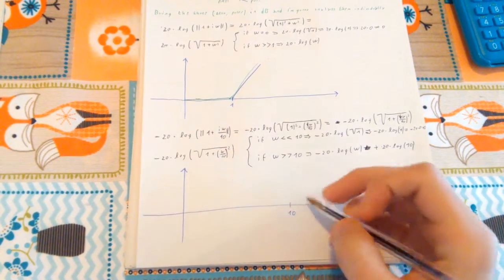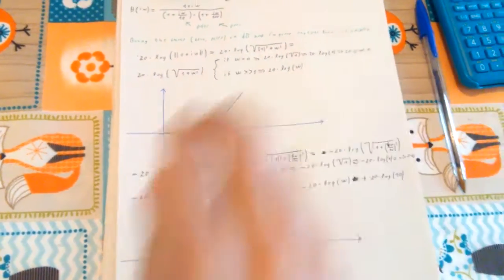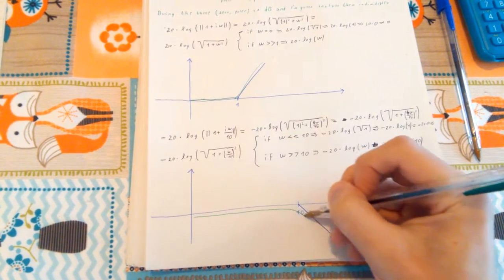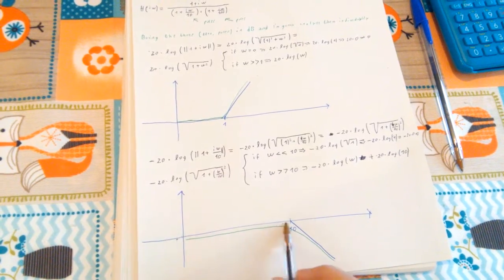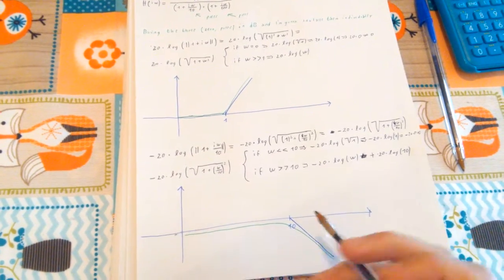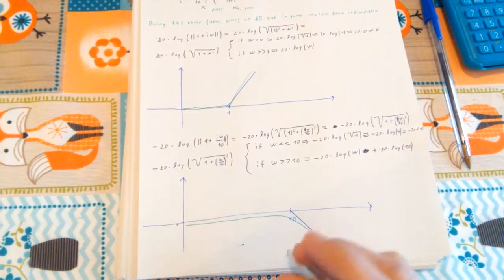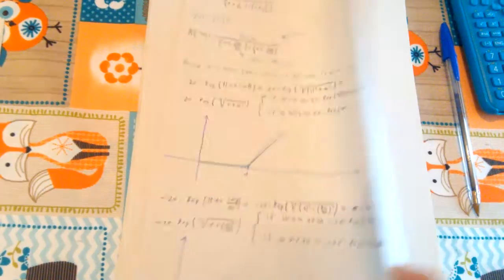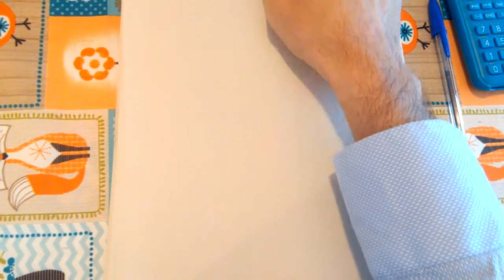So it's going to be steady till here at 10, and then at 10 it's going to go down. So it will go like this. And this one should really be here on top of the blue one, but I can't really do one on top of the other. You wouldn't see it anyway. So let's turn the page and go on.